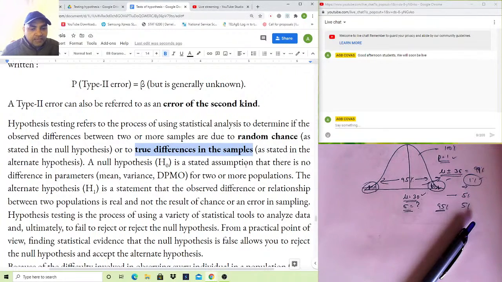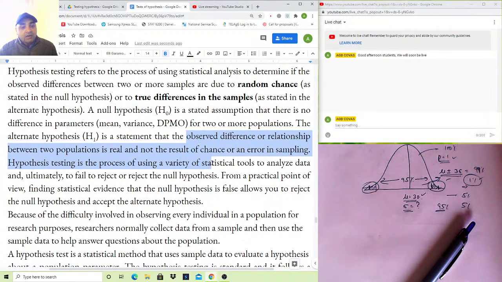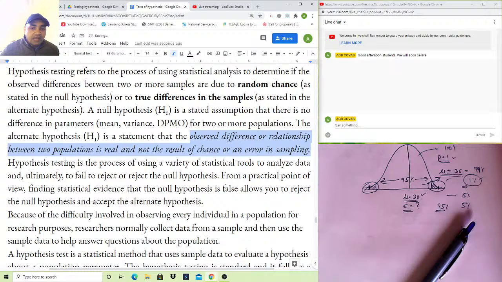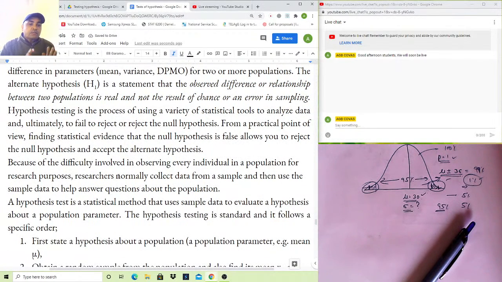The alternative hypothesis is a statement that the observed differences or relationship between two populations is real and not the result of chance or an error in the sampling. This is your alternative. Hypothesis testing is the process of using a variety of statistical tools to analyze data and ultimately to fail to reject or to reject the null hypothesis.